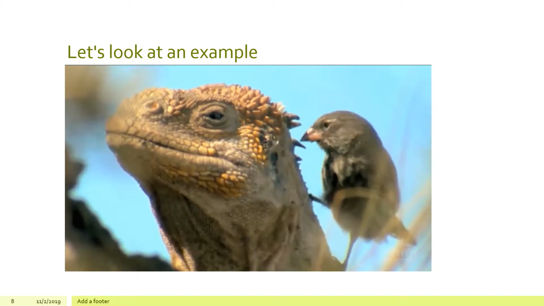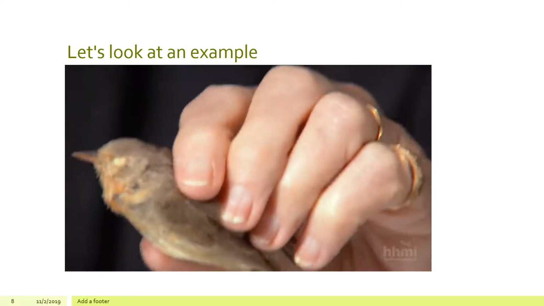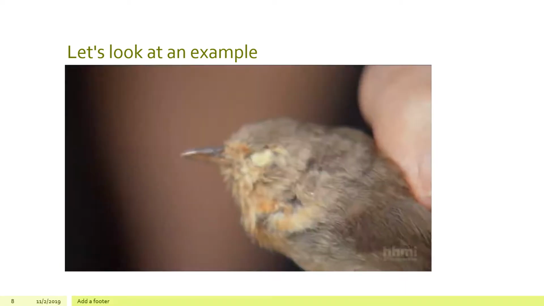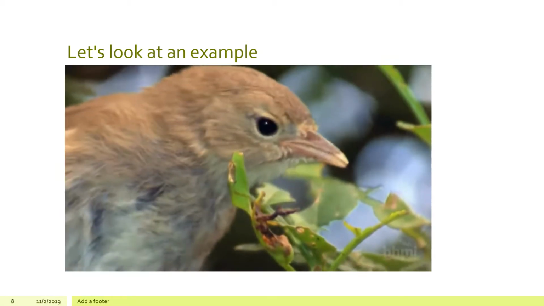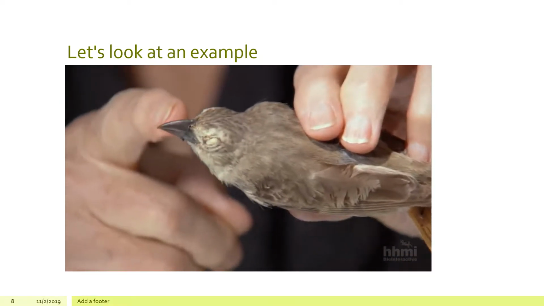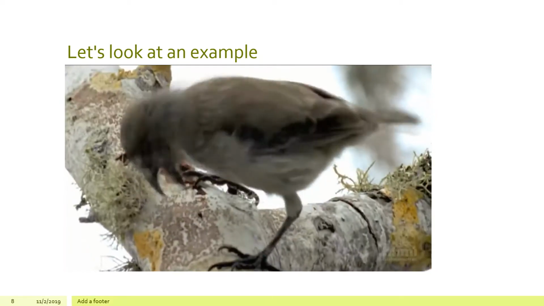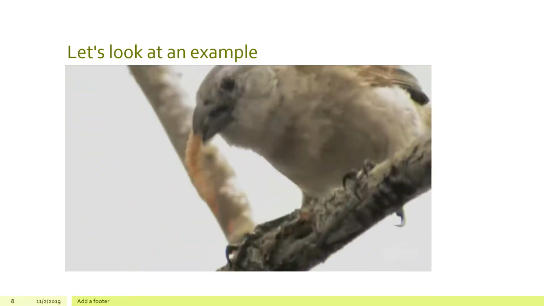So, Rosemary, what's the important difference between these birds? This little warbler finch with its very fine needle-like beak is perfect for picking off insects. This one is the woodpecker finch with a rather more robust beak. It concentrates on beetle larvae and termite larvae.